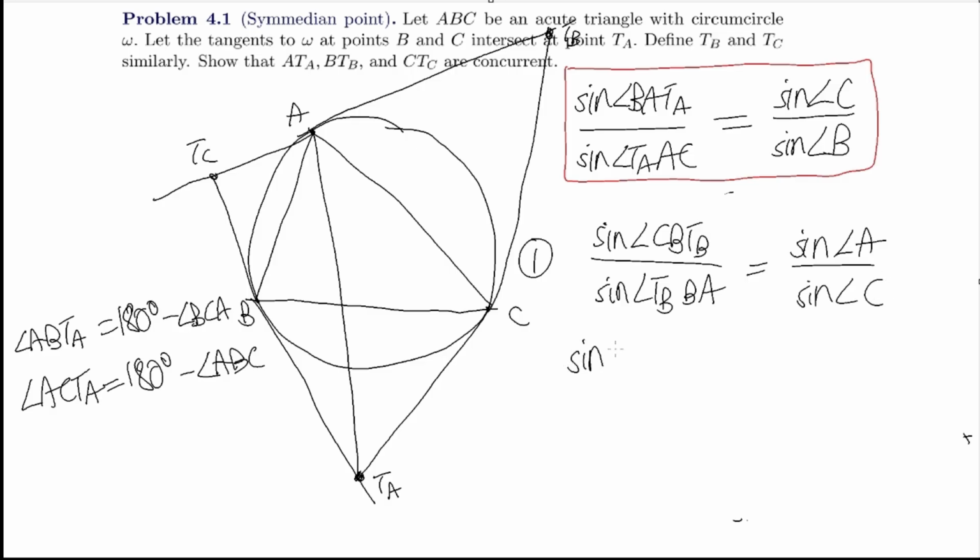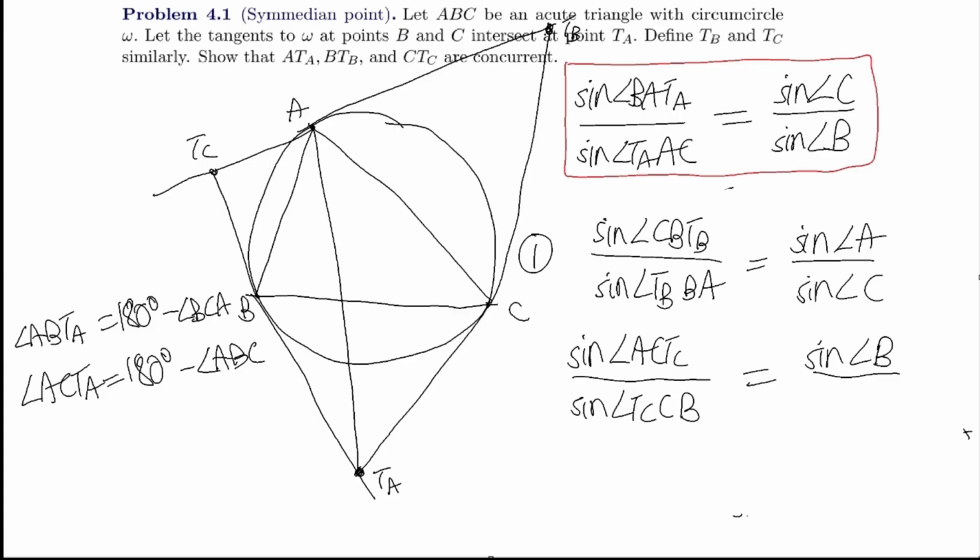And similarly, sine angle ACTC over sine angle TCCB is equal to sine angle C, or wait, this should be sine angle B over sine angle A. And therefore, when we multiply all of these three expressions together, we get that the product of these sine ratios here, which is equal to what we want by Ceva's theorem, is equal to the product of all of these guys here.